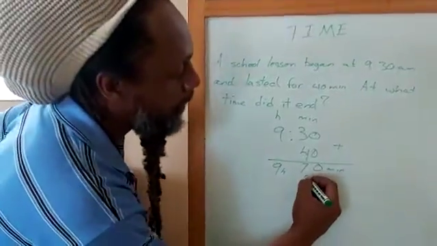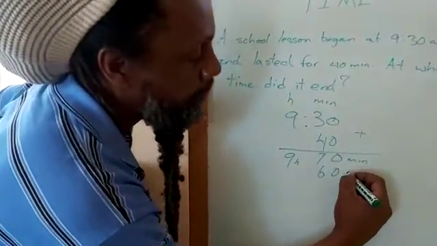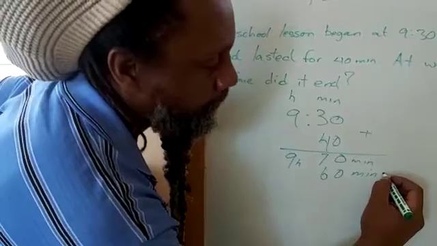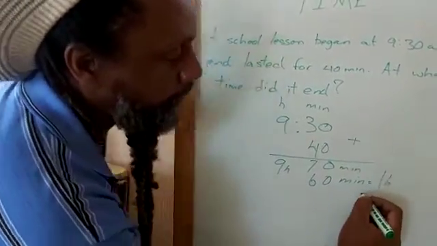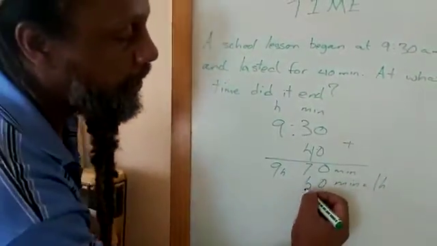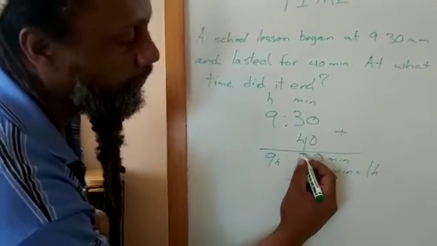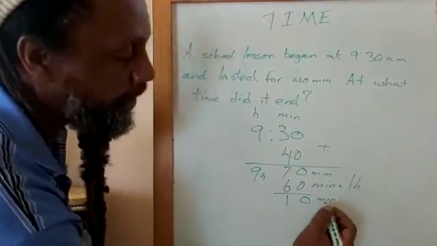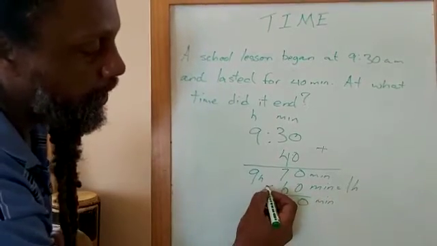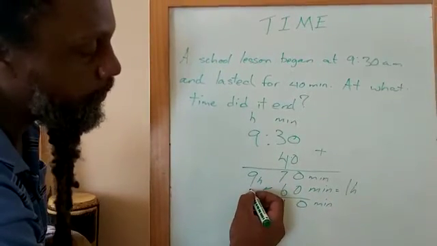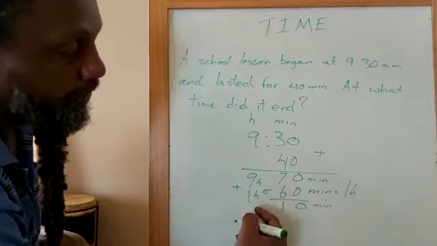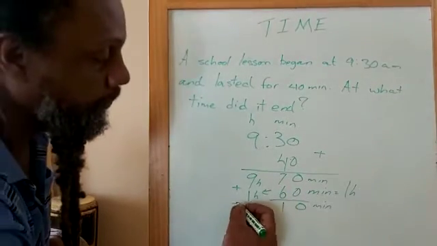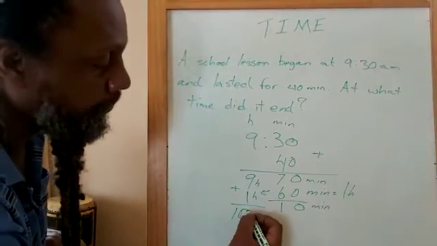So I'm going to take away 60 minutes, which is 1 hour, from my 70 minutes. 6 take away 7 is 1. I'm left with 10 minutes, and this hour I'm going to add over here to my hours. 9 plus 1 is 10.